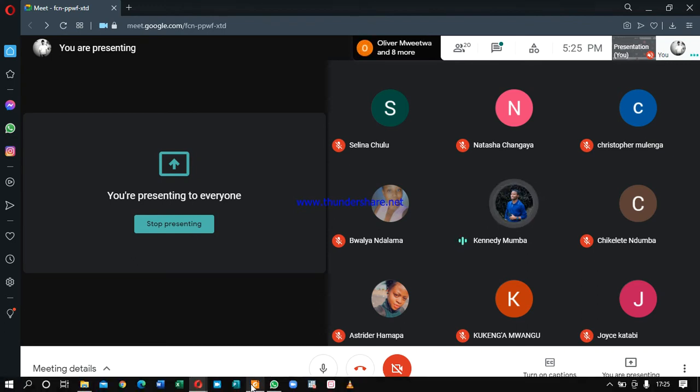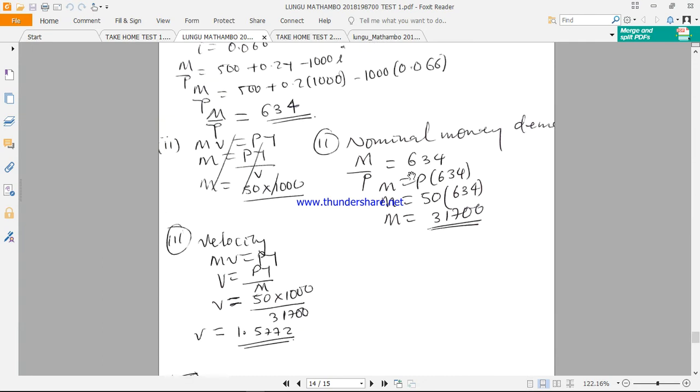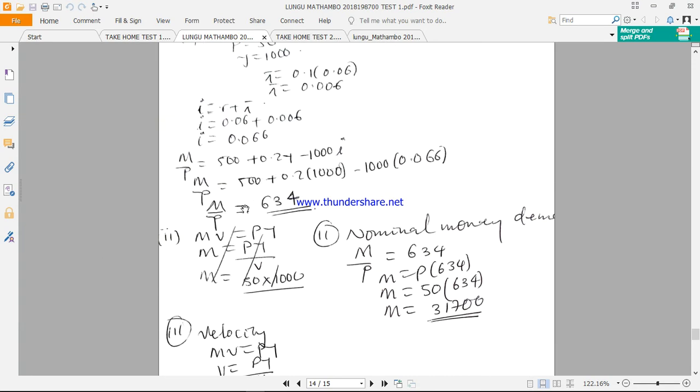Oh, okay. Nominal. If you have understood how to get the real, then we are fine. Because the real, we found, is 634. So if the real is 634, then for me to get nominal, we understand even from the definitions of real and nominal, that real is something corrected for inflation, and nominal is something which is inflated.